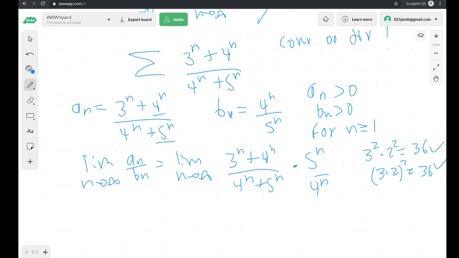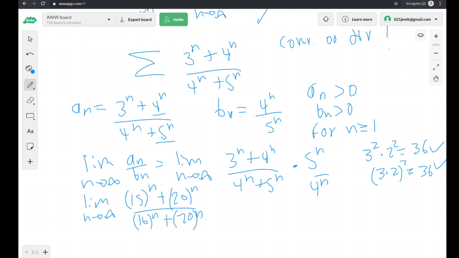So you can combine them. So what we have is the limit as n approaches infinity of (3 times 5 is 15 to the n, plus 4 times 5 is 20 to the n), divided by (4 times 4, 16 to the n, plus 20 to the n).